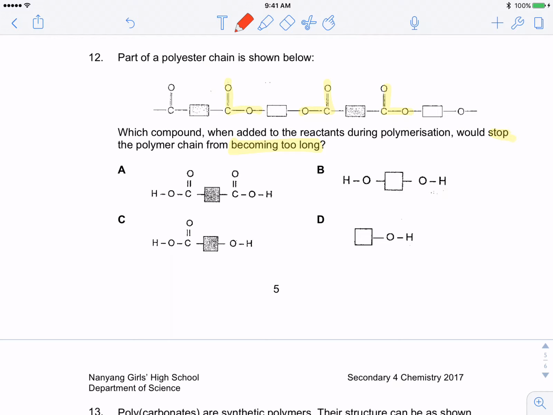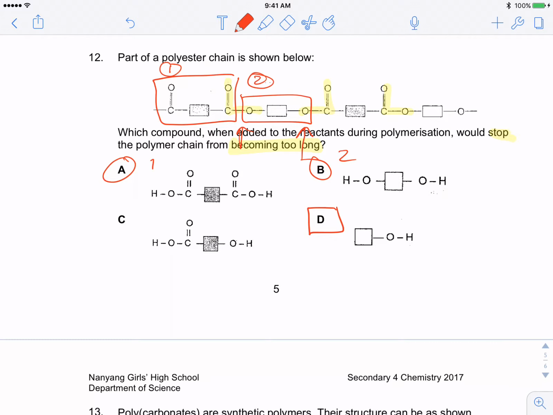This is the second form, where this is monomer 1 and this is monomer 2. In fact, your A and B are monomer 1 and monomer 2. How do we stop this chain from becoming long? Recall that we need linkages on both sides for it to polymerize. So to stop it from becoming long, we use something that has a linkage only on one side.